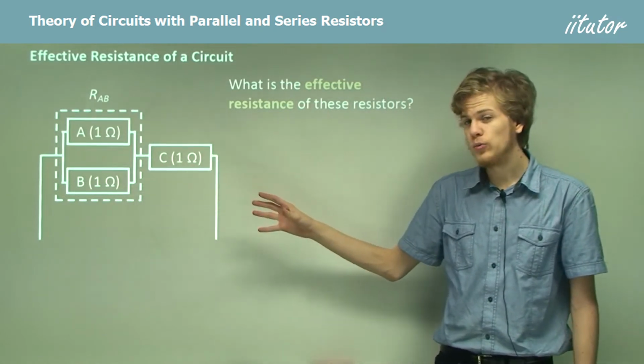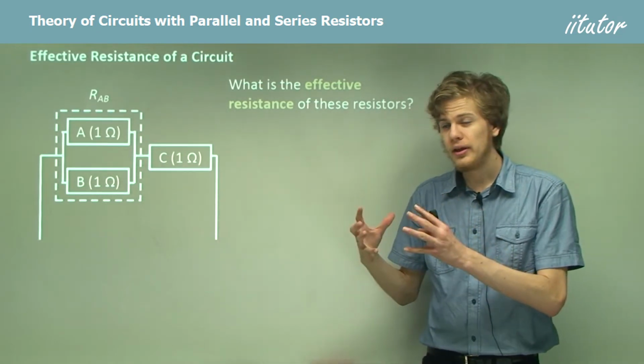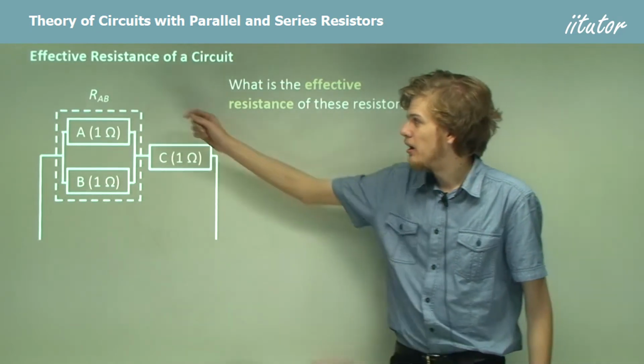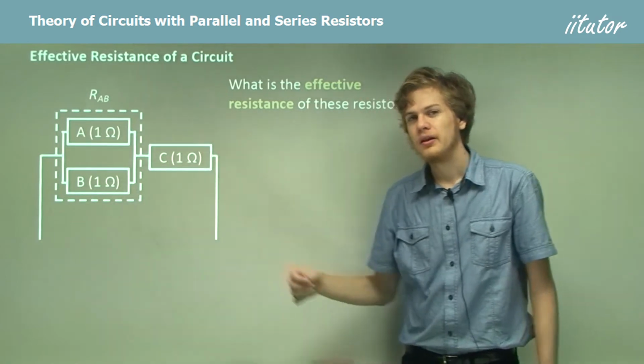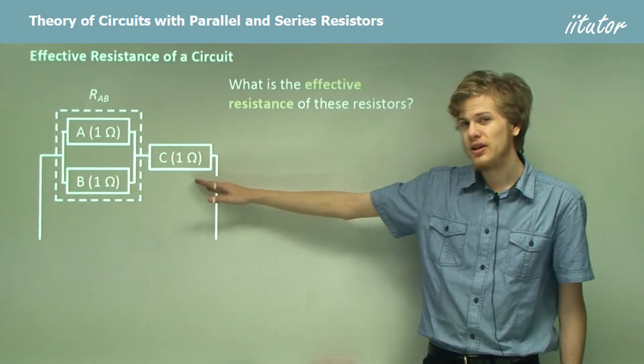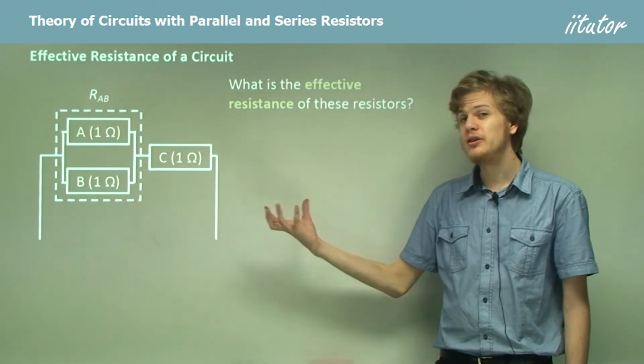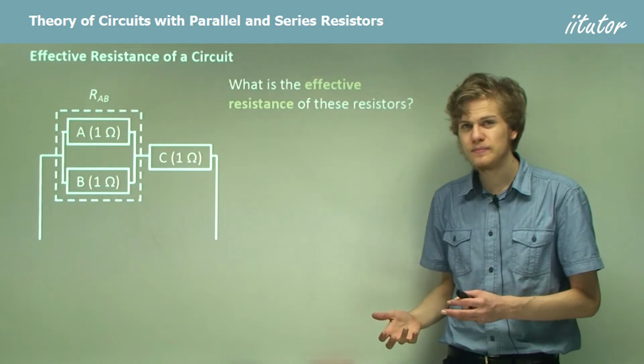We'll find the total resistance of A and B together, and then treat that whole thing as one resistor, RAB. This RAB is then in series with resistor C, right? And so then we can use our series equation to figure out the total resistance.